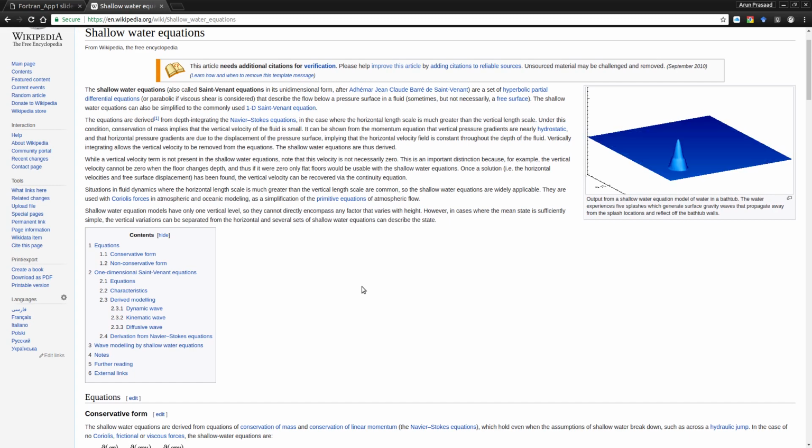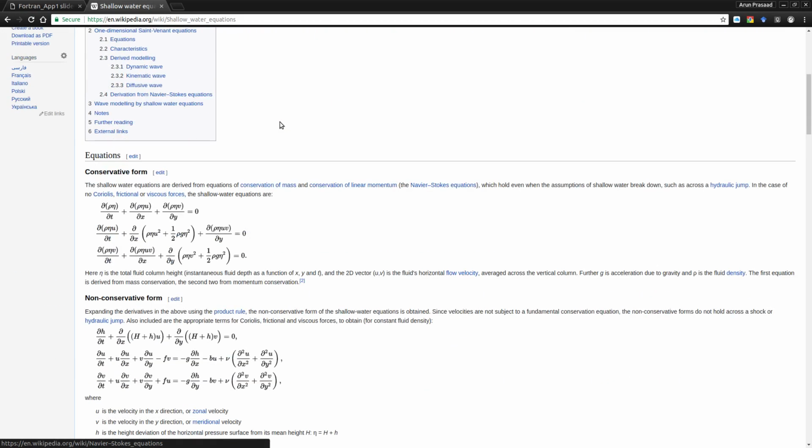Just to give you a short overview, if you take the Navier-Stokes equations, which are used for making the momentum balance and trying to simulate fluid flow, and you do what you call a depth integration, that is, assuming that the height of the fluid column does not vary significantly, and that the length and breadth of the fluid column are larger compared to the height, something like a very large swimming pool or a small lake, wherein the depth is small compared to the length and breadth, and you simplify the Navier-Stokes equations with those considerations, you will get the shallow water equations.